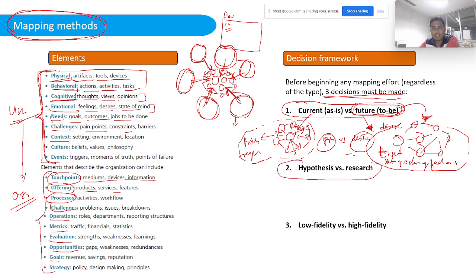Then the other thing is hypothesis versus research. So hypothesis means assumptions. Now, assumptions become concrete when we actually prove them via our study. So when you do mind mapping, so many times we have a tendency to put information based on our assumptions. Okay, so if we think there should be a connection between this, we assume and connect.